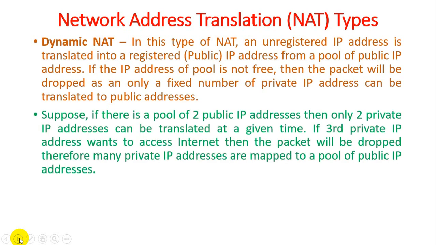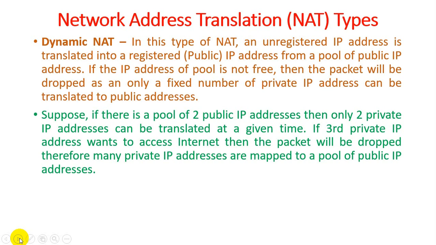Suppose there is a pool of 2 public IP addresses; then only 2 private IP addresses can be translated at a given time. If a third private IP address wants to access the internet, the packet will be dropped. Therefore, many private IP addresses are mapped to a pool of public IP addresses. You may have doubts about how many-to-one communication is performed.